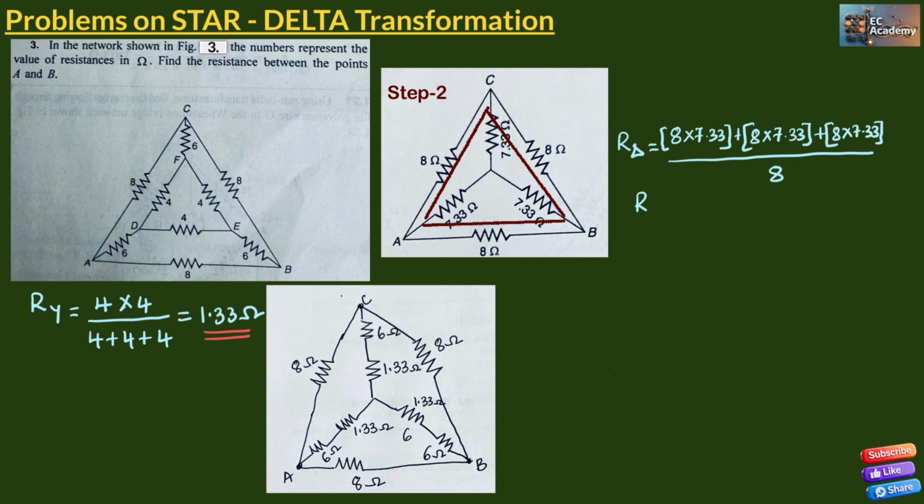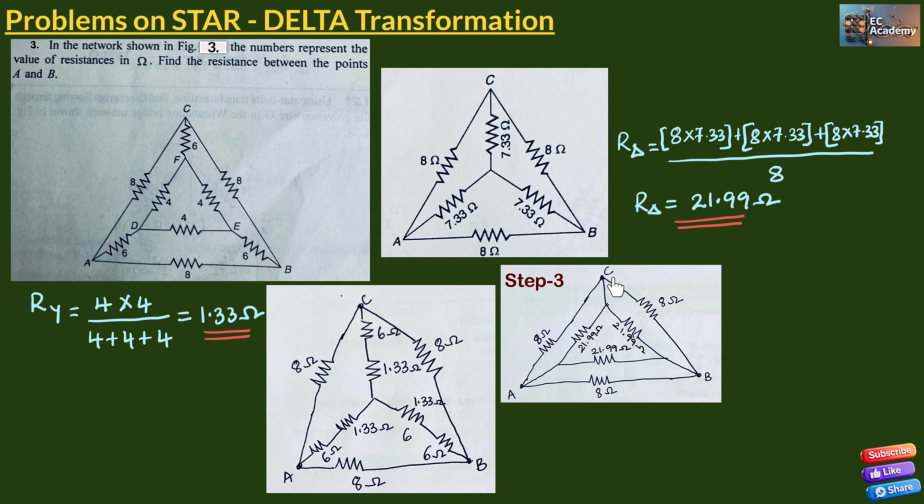So the equivalent delta network will have a resistance of 21.99 ohm. Since the resistances are the same, we can write 21.99 ohm for all the three resistors in the delta network.